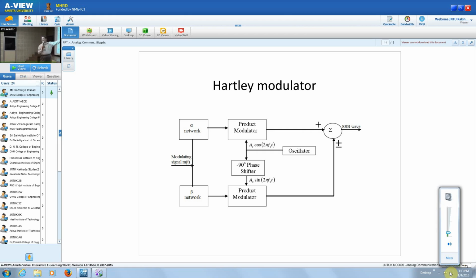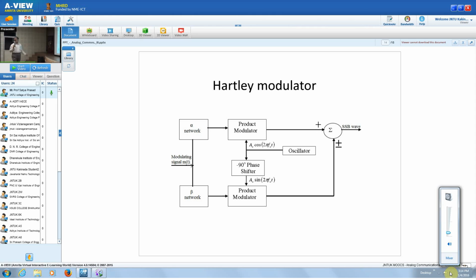Therefore, if you say that the alpha network is in phase, the beta network is 90 degrees out of phase. That's what we are having, m of t and m hat of t, in-phase and quadrature phase signals. So if one is in phase, the other one is quadrature phase, so you are going to get the required SSB signal.